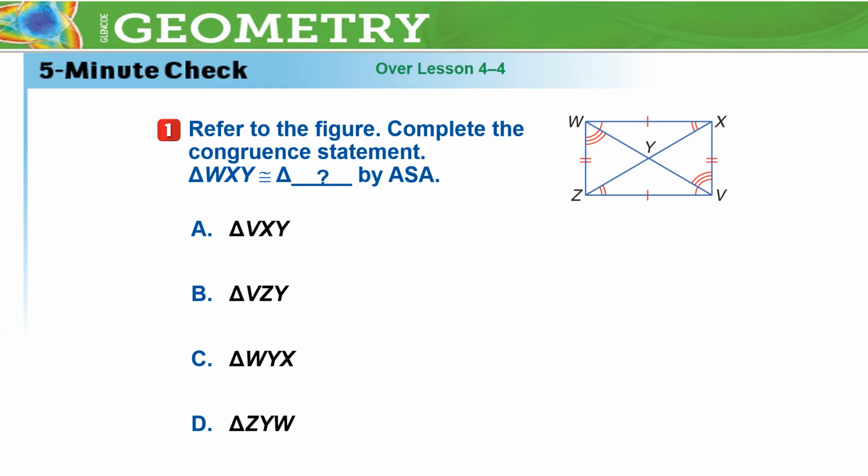WXY, from this angle to this and to Y will be congruent, this like this and this like this. So you have to write VZY by using angle, and side between two angles. Then your answer will be letter B.